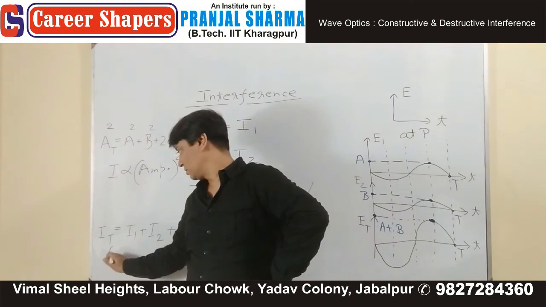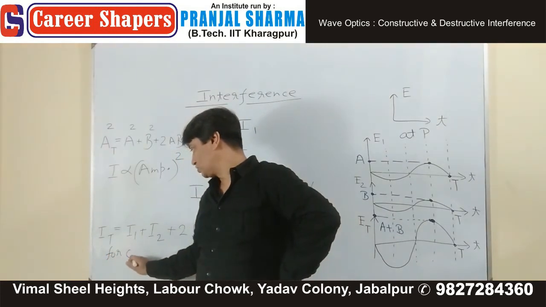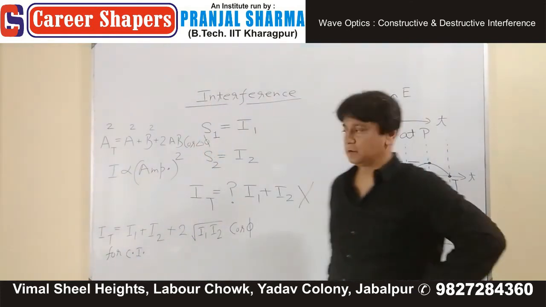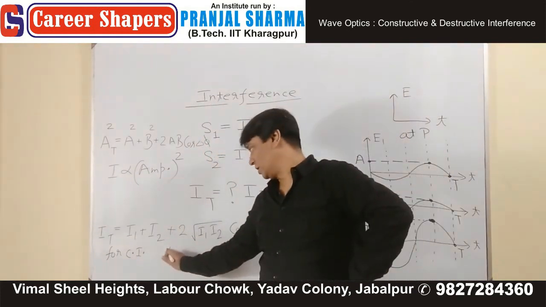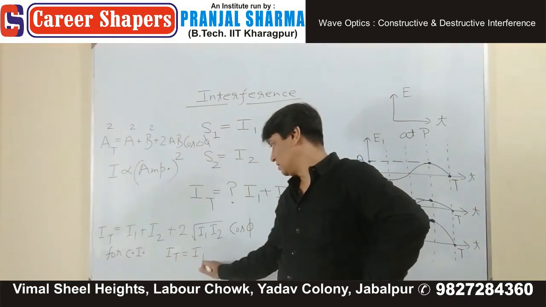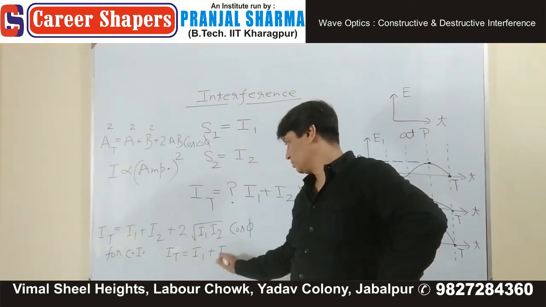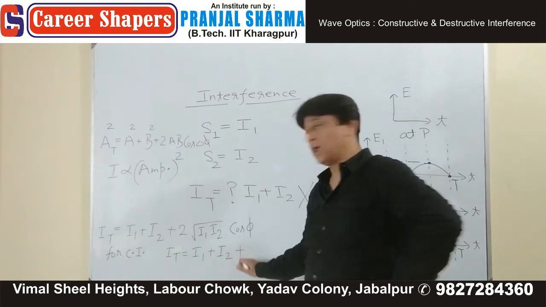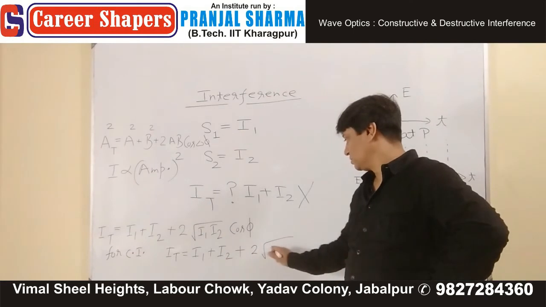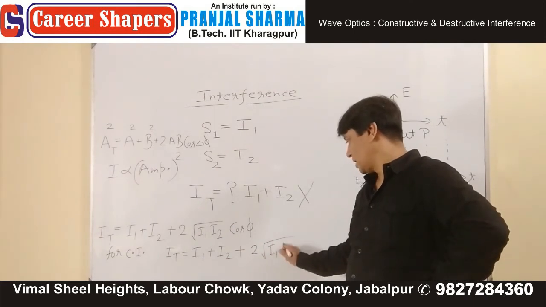For constructive interference, I total will be I1 plus I2 plus 2 times root over I1 I2.